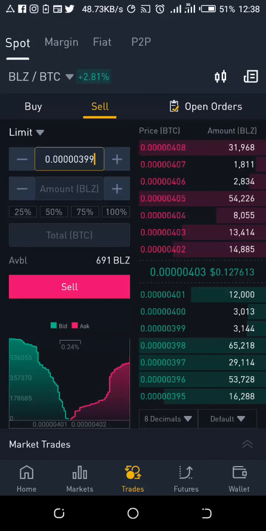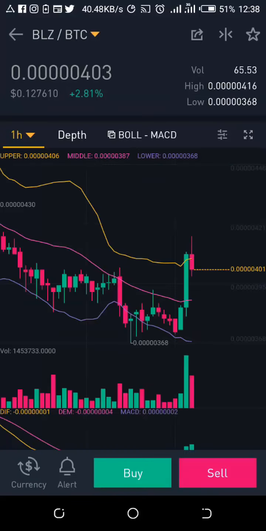So let's check the chart again. If you look at this, we entered this trade at a minute past 12 or 2 minutes past 12, and this is 12:38. So our order has been executed.